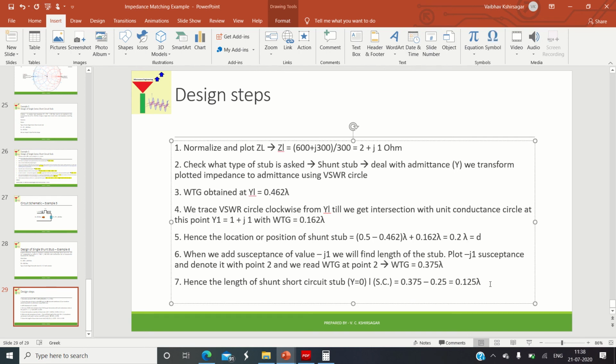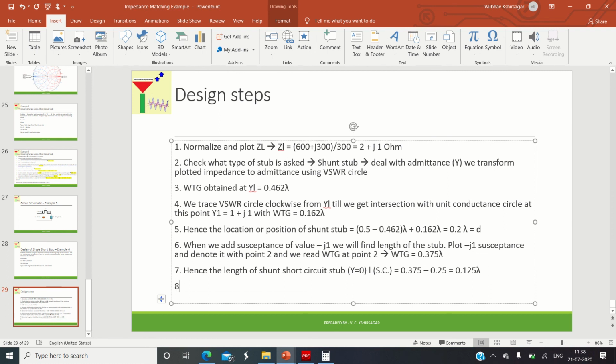Okay, so there is another mechanism. We are asked to find the open circuit length also. Hence I will write the length of the shunt open circuit stub. Now, how do we find it? What type of stub are we dealing with? Shunt or parallel. So for a shunt or parallel stub, we deal with admittance.